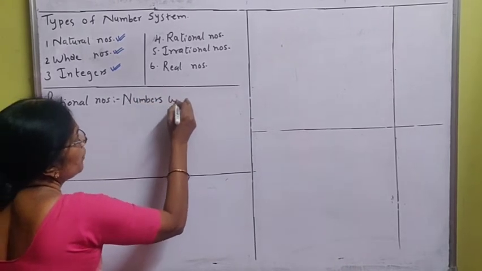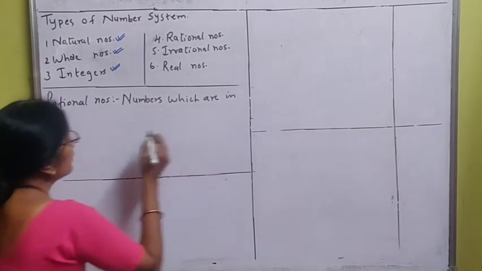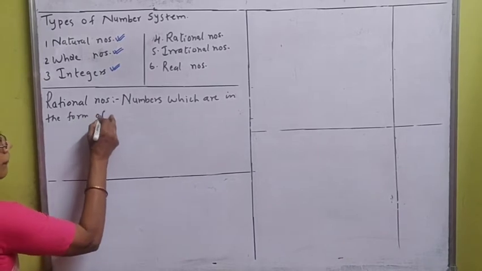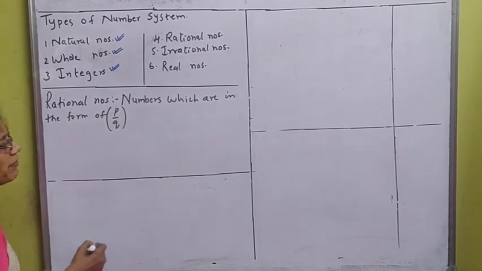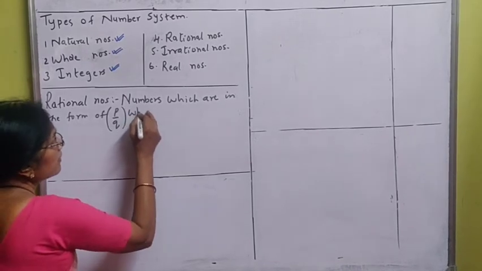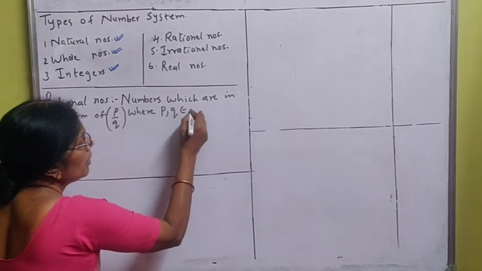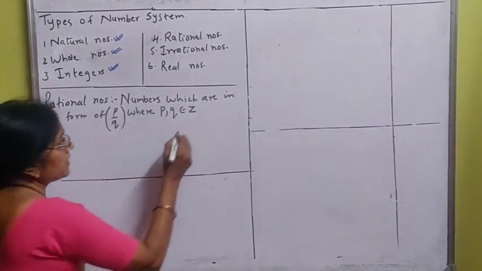Numbers which are in the form of p by q, where p and q should belong to Z, that is integers.